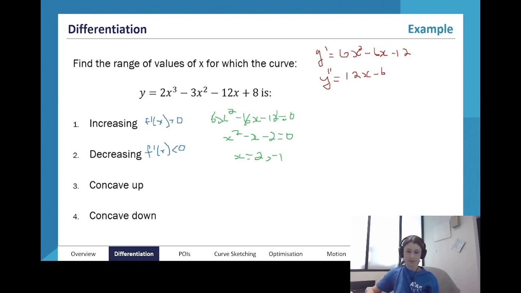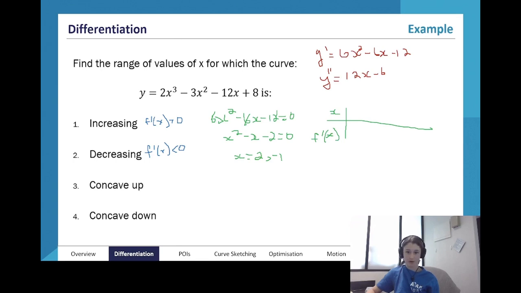So what I typically like to do here is use kind of a little table of values. So we are going to be finding out x in relation to the derivative.